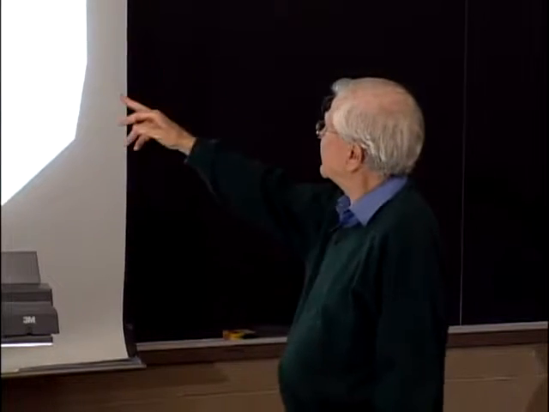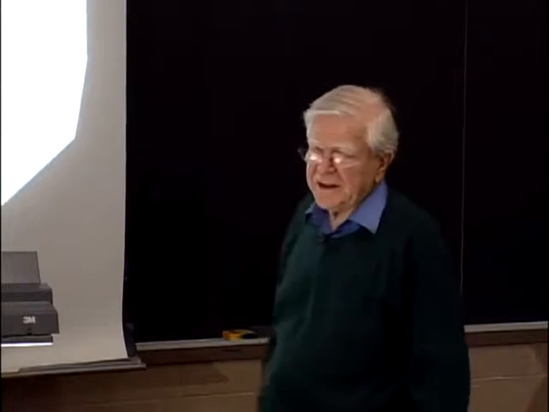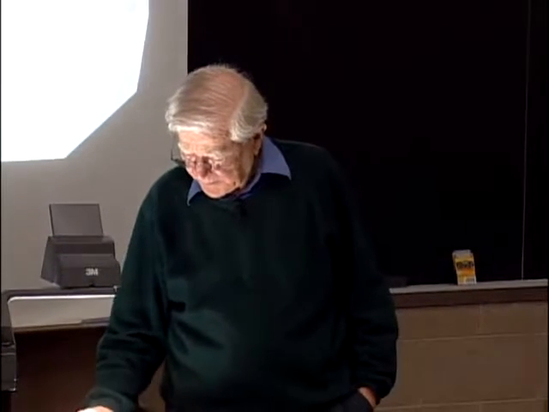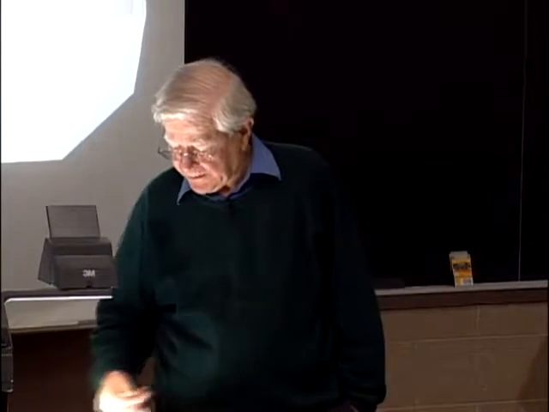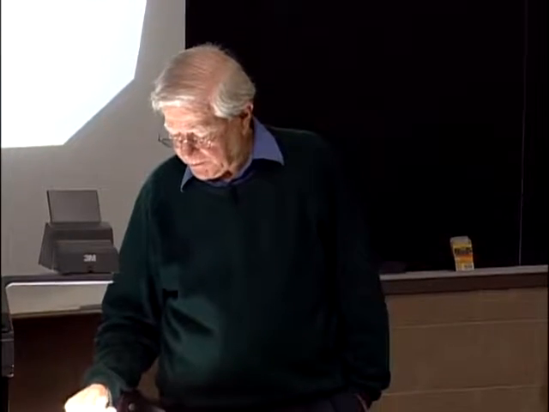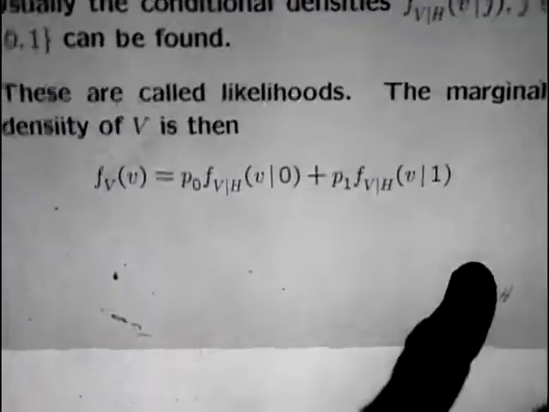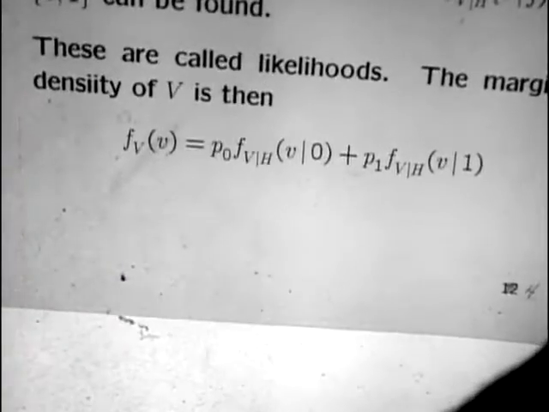We can find the marginal density of the observation, which is just the weighted sum: the probability of the hypothesis being 0 times the conditional probability of the observation, and so forth. So we're going to assume that those densities exist. We're going to assume that we know them.